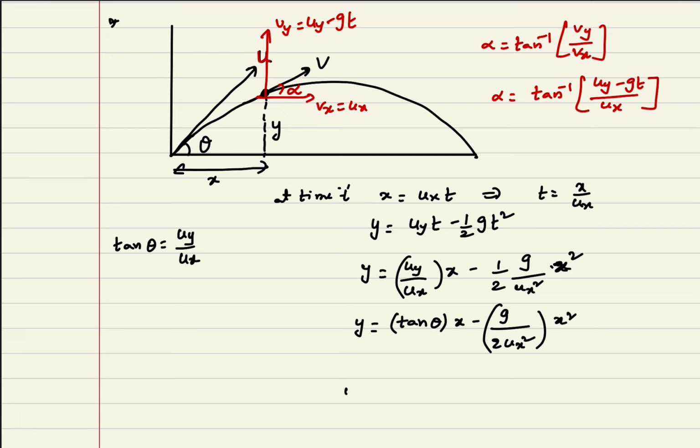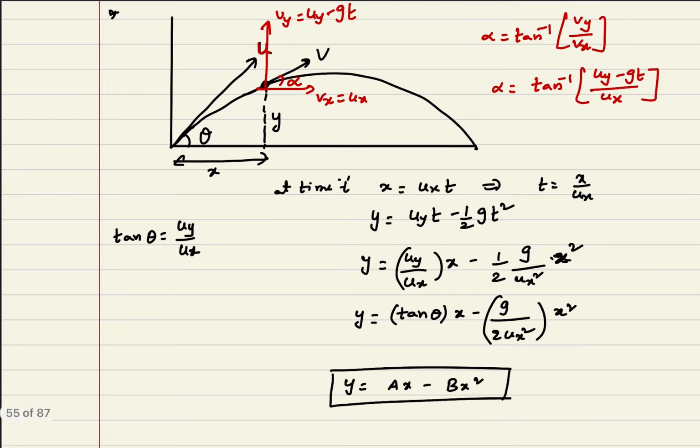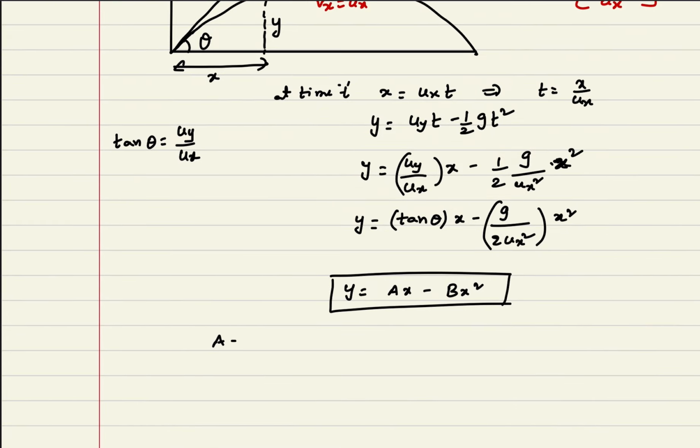This can be written in the form y is equal to ax minus bx square. Now you can see the values: a is equal to tan theta and b is equal to g divided by 2 ux square, provided ux is equal to u cos theta. Keep in your mind this equation is a parabolic equation, so the path is a parabola.